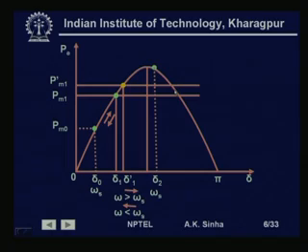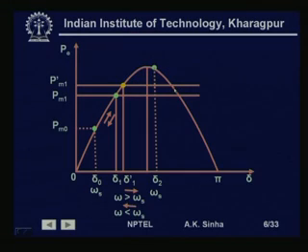Since the speed is still more than synchronous speed, and the mechanical input is more than the electrical output, accelerating power is available. So delta will increase at an even faster rate, because there is acceleration of the rotating mass of the system.